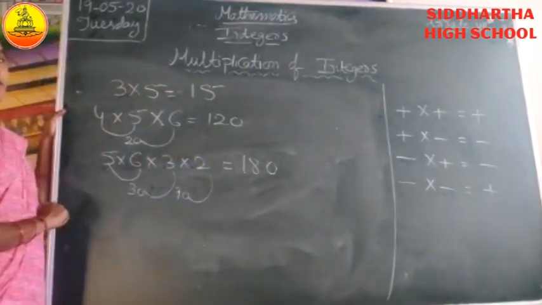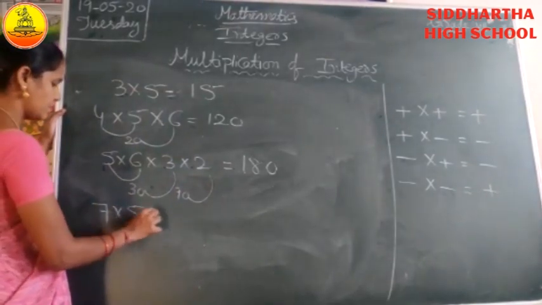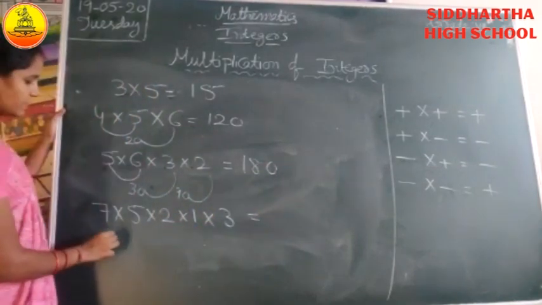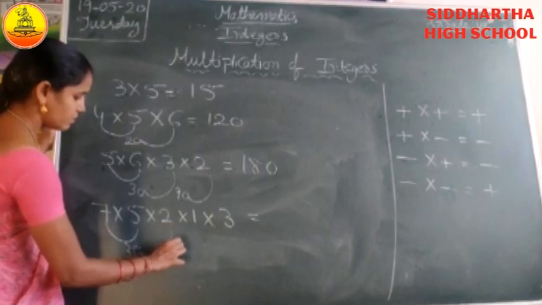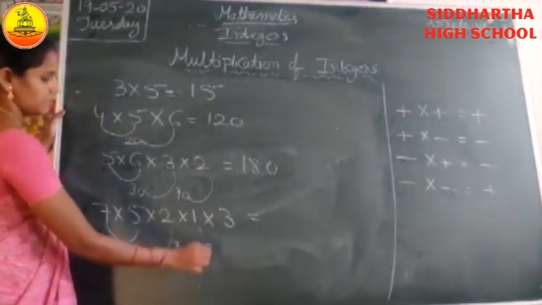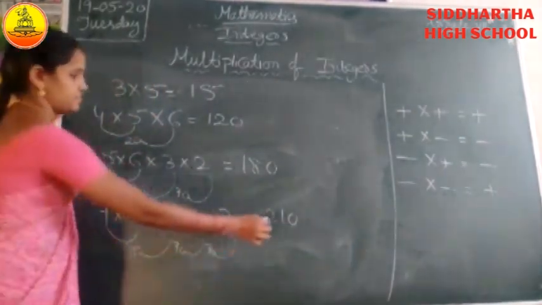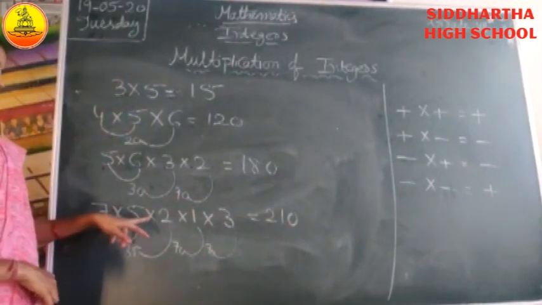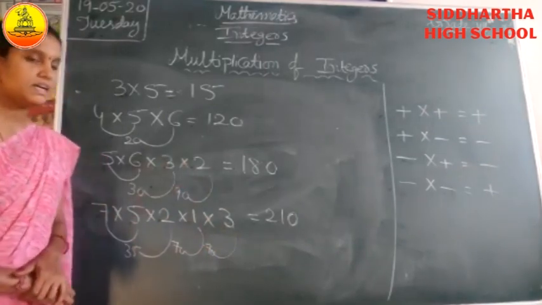Again you get a positive integer as the result. 7 into 5 into 2 into 1 into 3. 7 into 5, 35. 35 into 2, 70. 70 into 1, 70. 70 into 3, 210. See here, plus into plus, plus, each time.